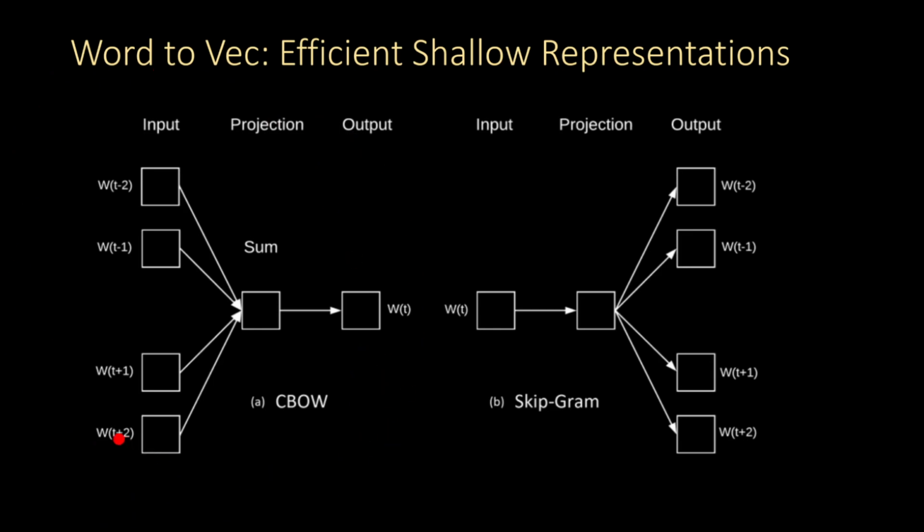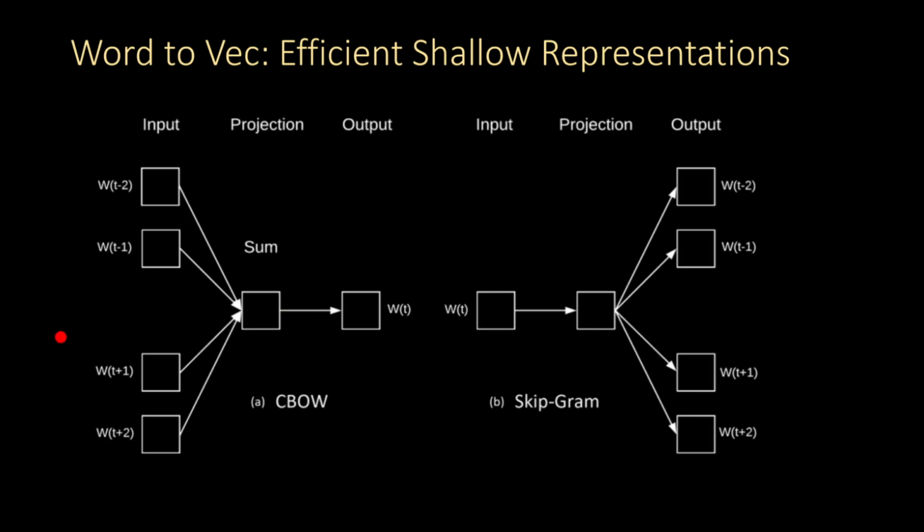On the left, you see your CBOW architecture, and on the right you see the skipgram architecture. In CBOW, you have your words surrounding a target word. It's a simple summation of the surrounding words. So each one of these is a vector. And that constructs your present word, your target word.